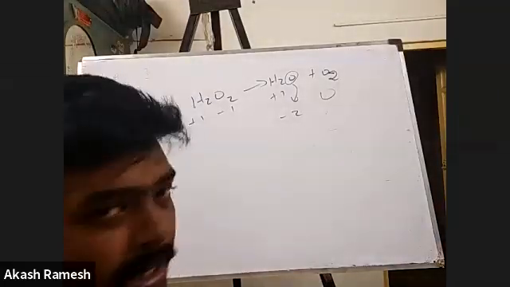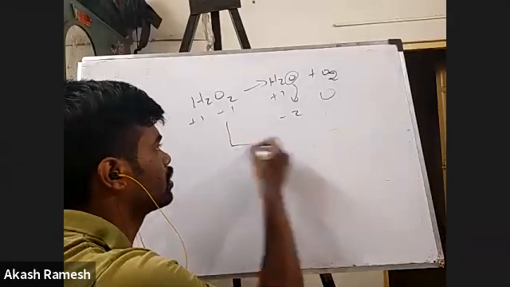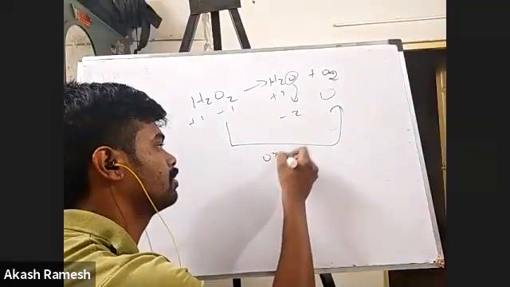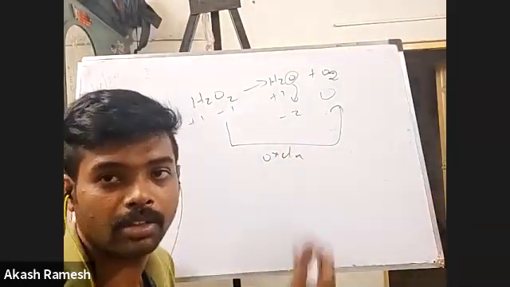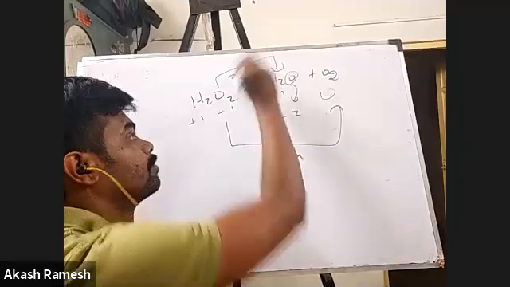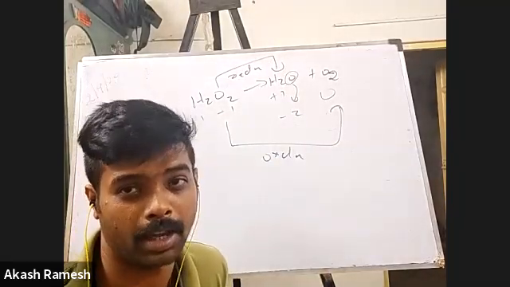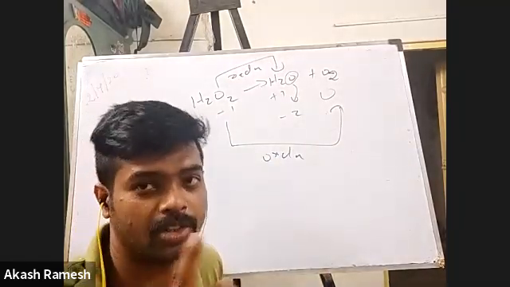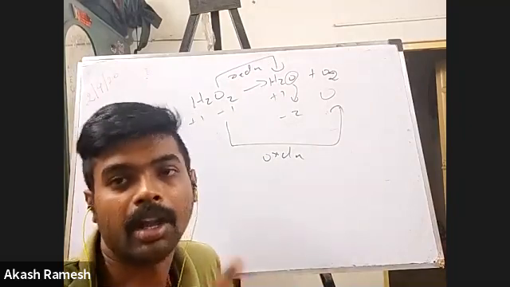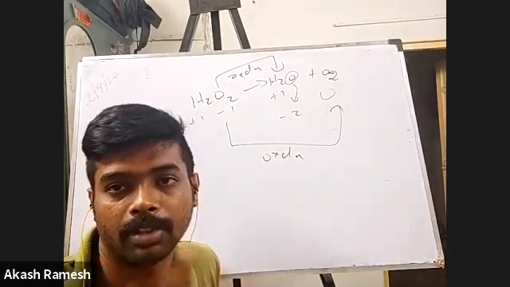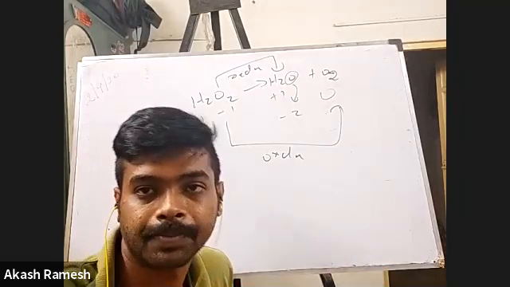Now if you look at it, -1 to 0 is oxidation, an increase in oxidation number. And -1 to -2 is reduction. So what do you see here? Oxygen is the one that is undergoing oxidation, and the same oxygen is also undergoing reduction, right?